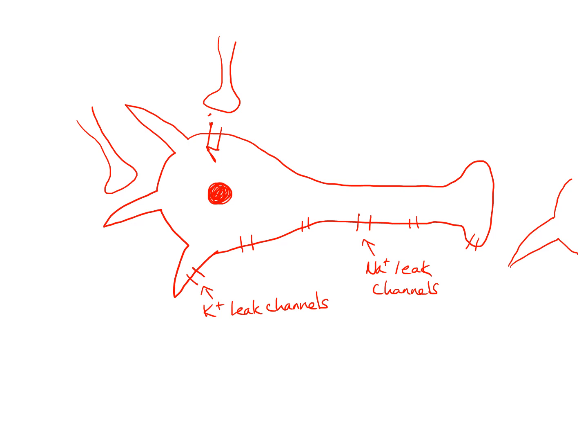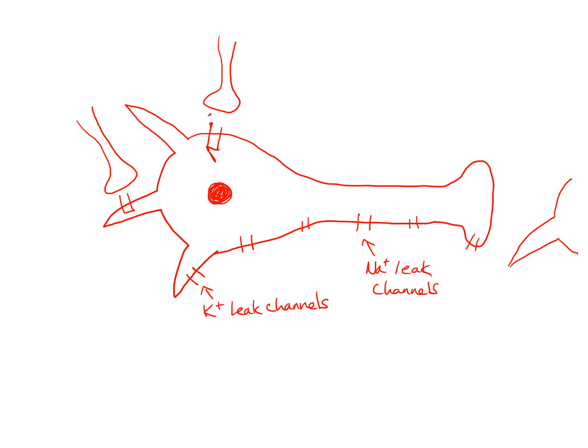And these are going to be located on the soma or the body of the neuron, and also on the dendrites. And these are going to create graded potentials. And we're going to talk about these later. But the graded potentials, if they're big enough, can stimulate the start of an action potential at the axon hillock.